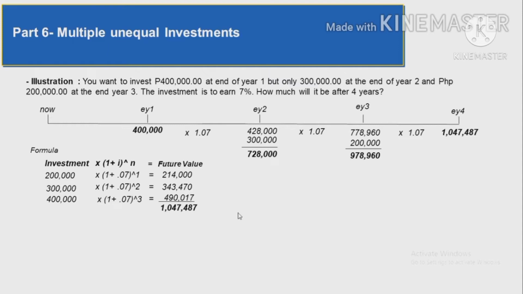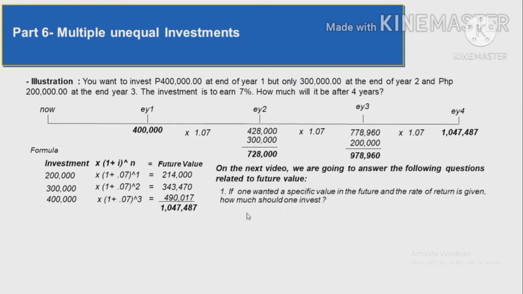So we have already answered one particular question in this video, and that is how much will be the future value of the investment, where the rate and the amount of investment were given. In the next video, we are going to answer 2 questions. The first question is, if one wanted a specific value in the future and the rate of return is given, how much should one invest?